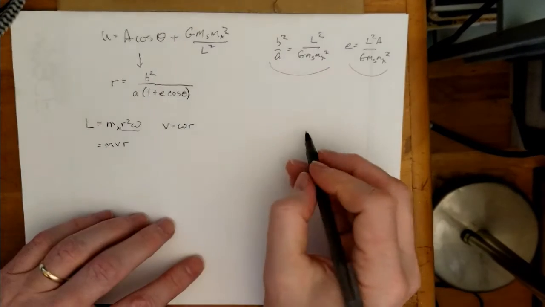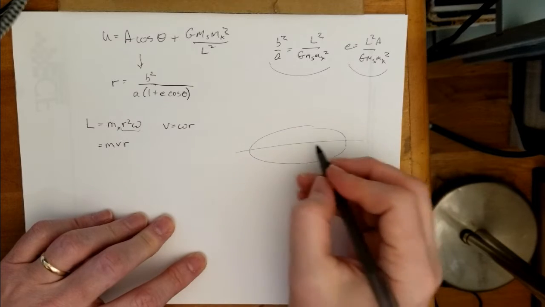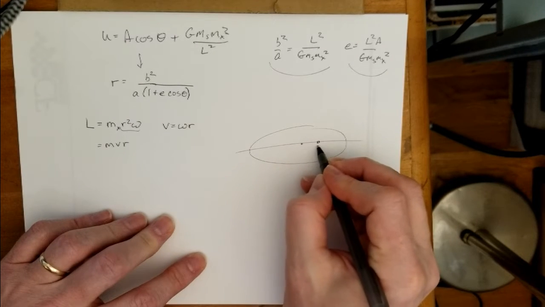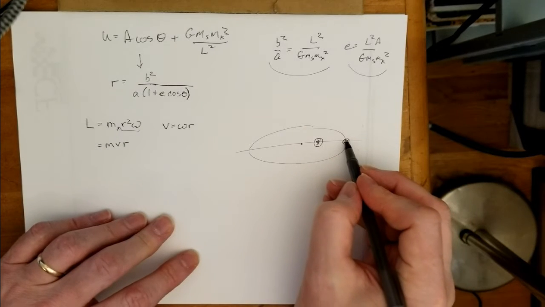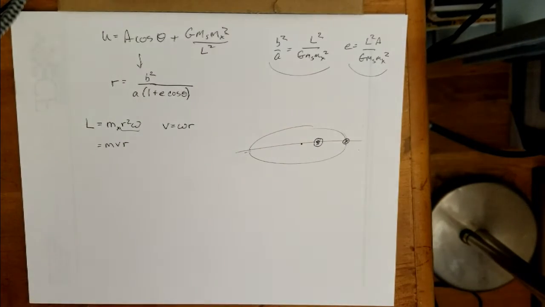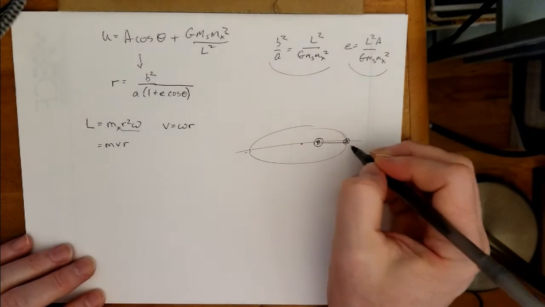So if we think about a planet traveling around, where this is the sun and this was that planet X moving around, it's going to be moving closer at this point than at that point. Kepler's second law, since it sweeps out equal area in equal times, it has to travel faster if the base is smaller.